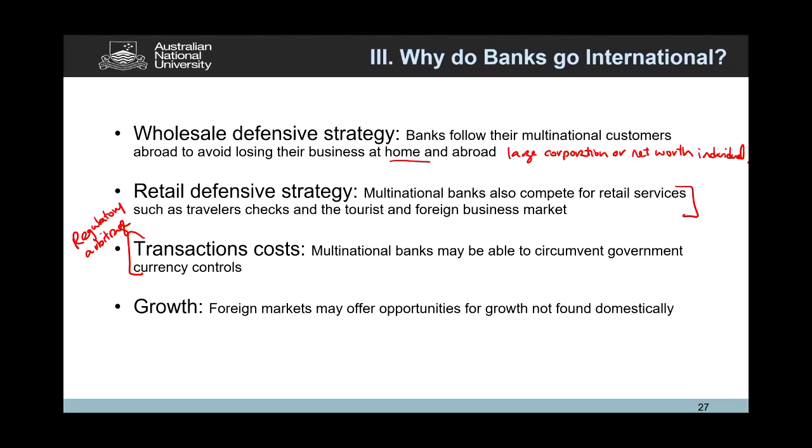At the end of the whole day, we're talking about extra profits and risk reduction. If we operate in multiple different markets, then the business cycles in the different markets may not correlate as much with each other. So our profits at home probably can achieve some sort of diversification.